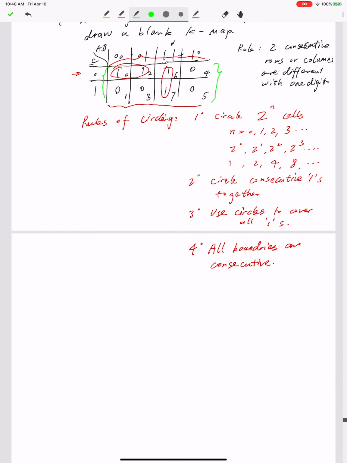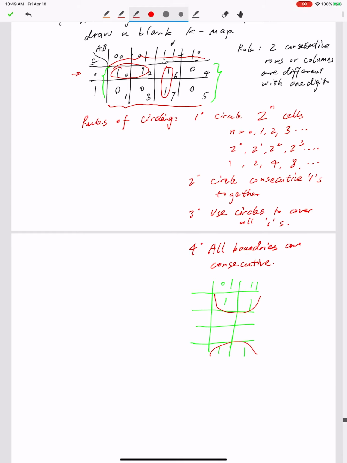For rule number 4, let me give you some examples. For instance, if this is part of the kernel map, this is 0, 1, this is 1, 1. If we have 4 ones like this, then for the circling, as I mentioned in rule number 4, the top boundary is consecutive, or neighborhood, with the bottom boundary. So we can circle these 2 ones and these 2 ones as a single group, or a single circle, right?